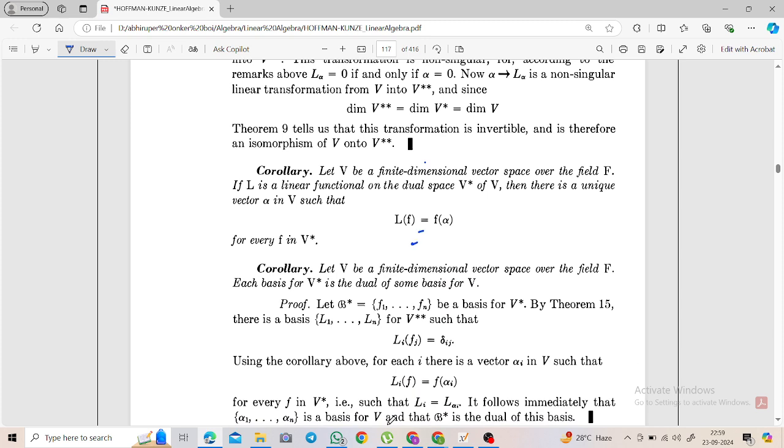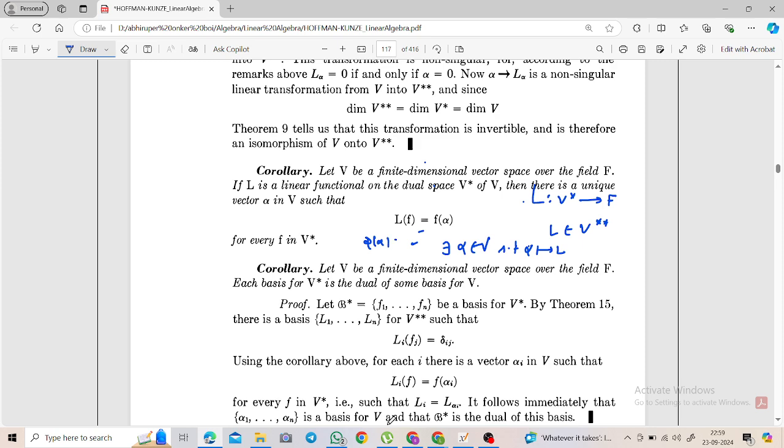They are saying that for any linear functional on the dual space of V star, that is, if L is a linear functional from V star to F, so L belongs to V star star, then there exists alpha in V such that alpha goes to L under the map we defined to be phi.